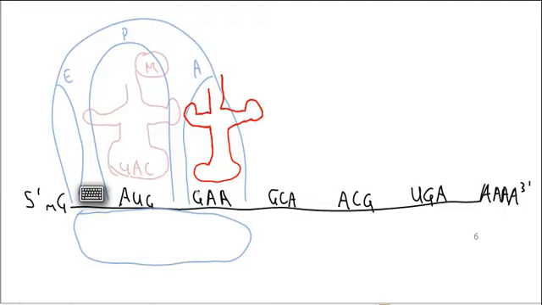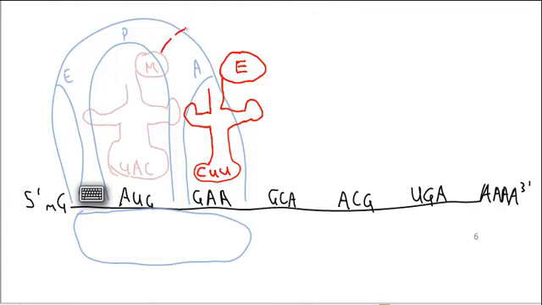For GAA, that's a C, a U, and a U. If we look up GAA, we'll find the tRNA is carrying glutamate, the letter E. Once this is in there, a transfer step will occur.